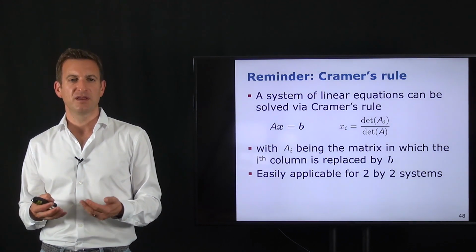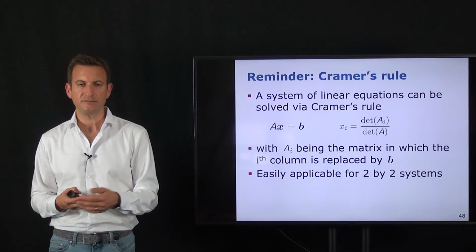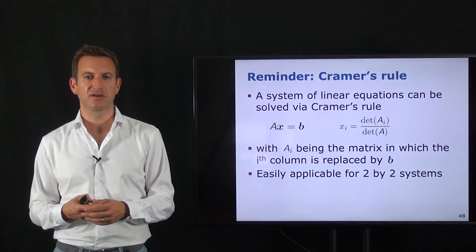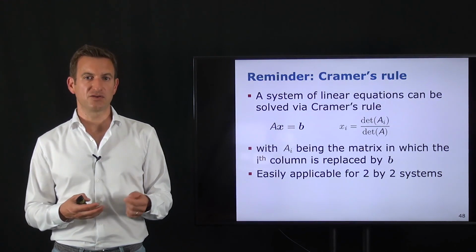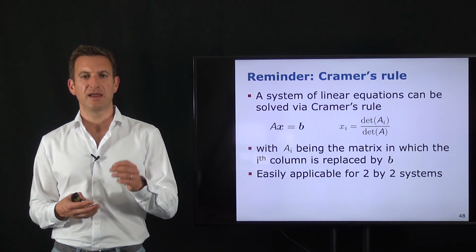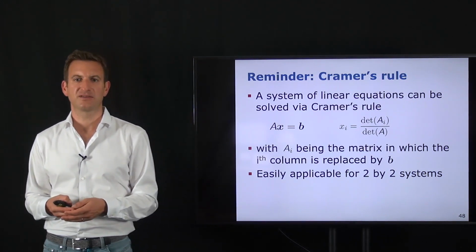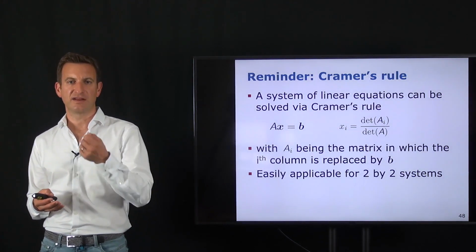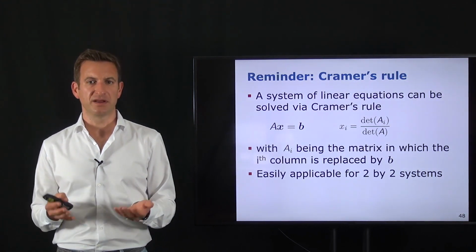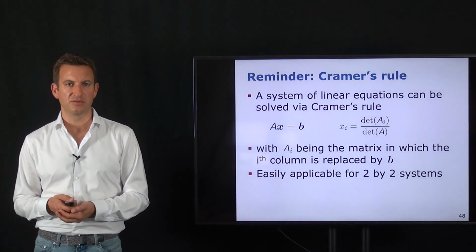As a short reminder, if you want to solve a linear system Ax equals b, you can compute the different dimensions of x as follows: x1 is the determinant of the matrix A, where we replace the first column of A with the vector b, divided by the determinant of A. To compute the second dimension of x, we take the matrix A and replace the second column of A by the vector b. The only thing I need to do is compute these 2 determinants and divide them by each other, and this gives me the result for x.